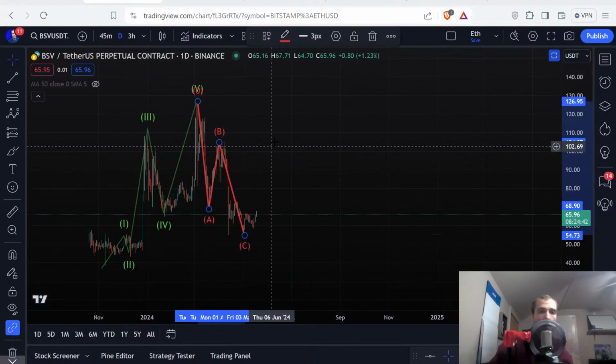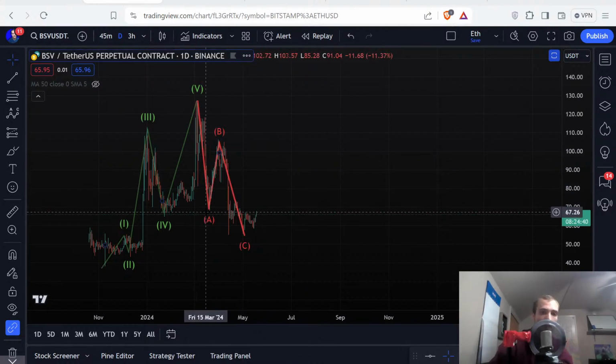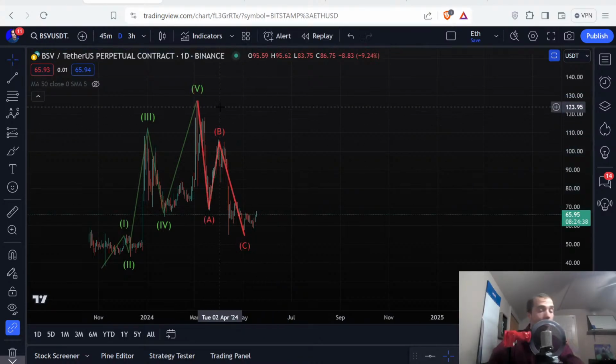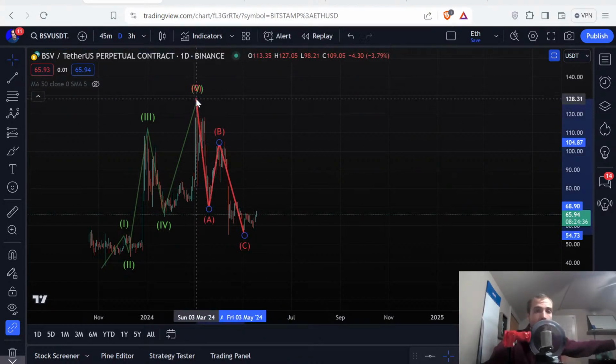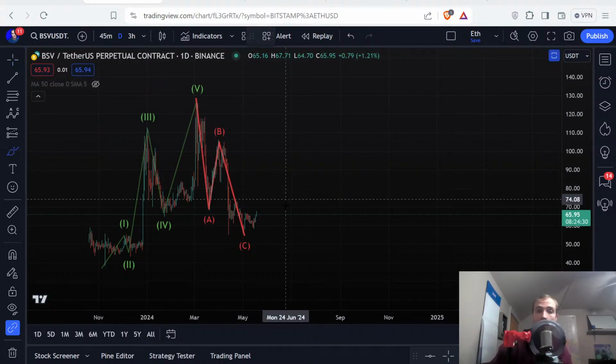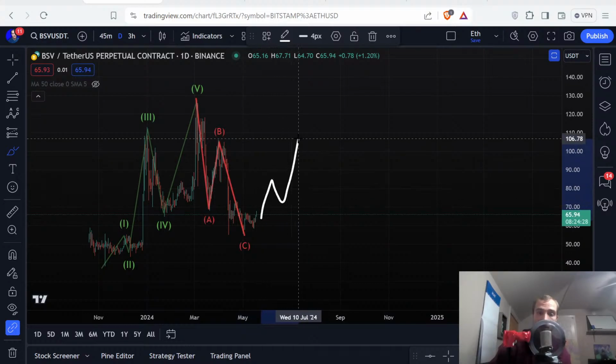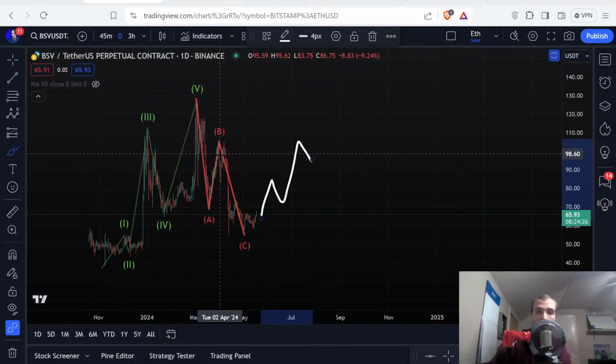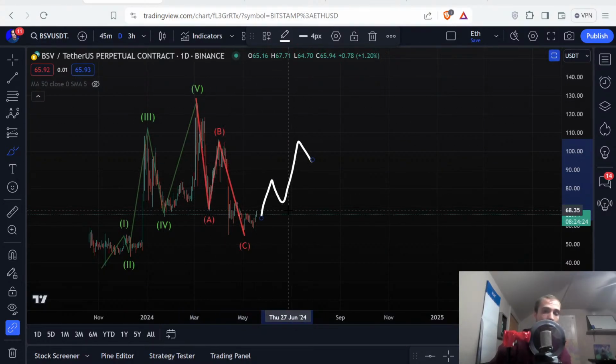Obviously, I'm not a BSV maxi. I honestly have more money in other coins. But I do think it's going to take off here. I think we're going to see some upside on BSV as we turn around because of this ABC correction and as the rest of the market continues to break out.